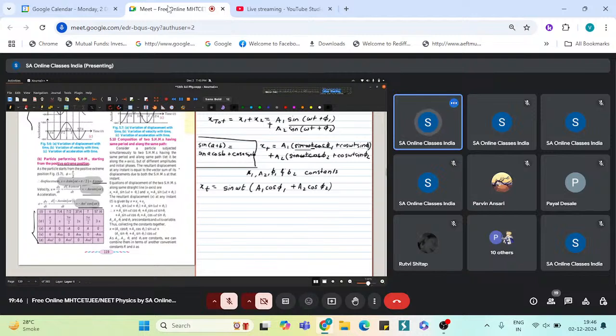This term is gone. And then we'll take cos omega t, a1 sin phi 1. This term is gone. And a2 sin phi 2. So we have just rearranged the terms, and we have separated the variable part and the constant part.